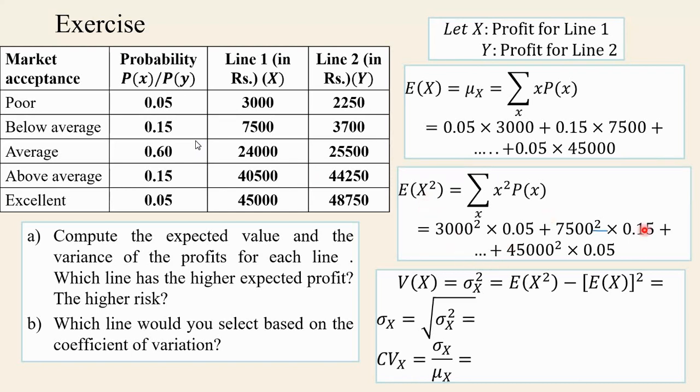That is given by this one. And then by using these two measures, we can calculate the variance of X. That is sigma of X squared, that is E of X squared minus E of X whole squared. That means you can calculate. Then that is sigma X.